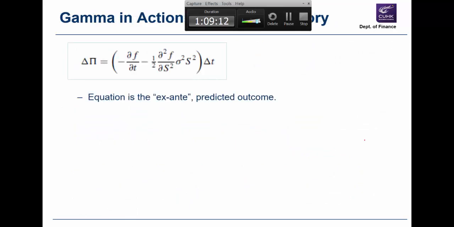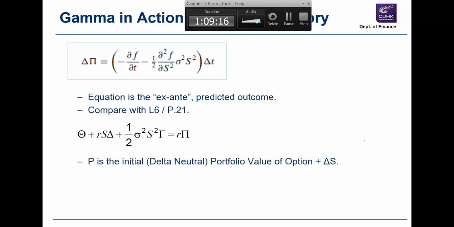So here is this one. Now, this, by the way, is the notation from Hull when he's using this delta pi, but the pi here he's using to represent a portfolio of an option and a stock.